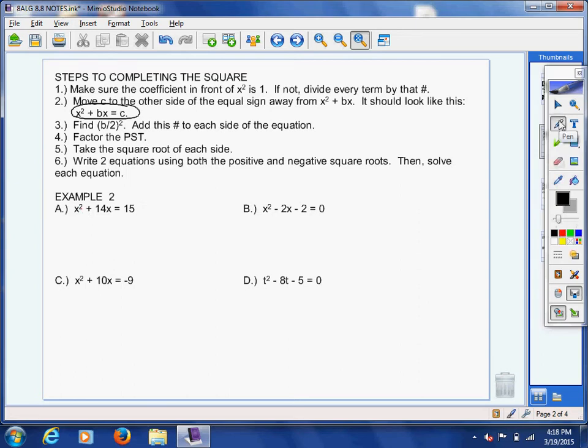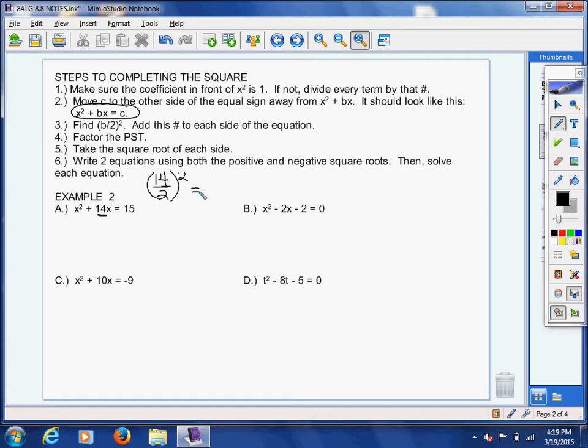Now, step 3, this is what we did in example 1. You're going to take b. In this case, b is the number in front of your x term, 14. You're going to take 14 and divide it by 2 and then square it.